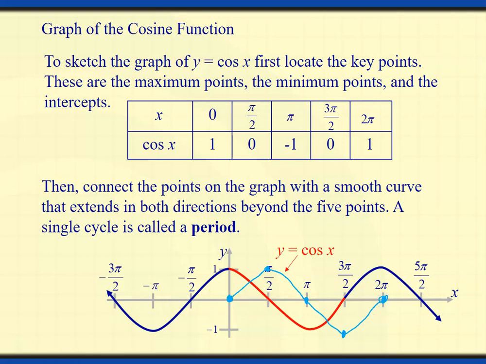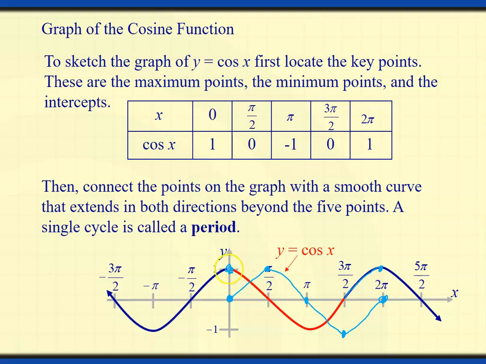And then for cosine, it starts from the point (0, 1), because cosine 0 is equal to 1, and it ends at 2 pi, which is 360 degrees.